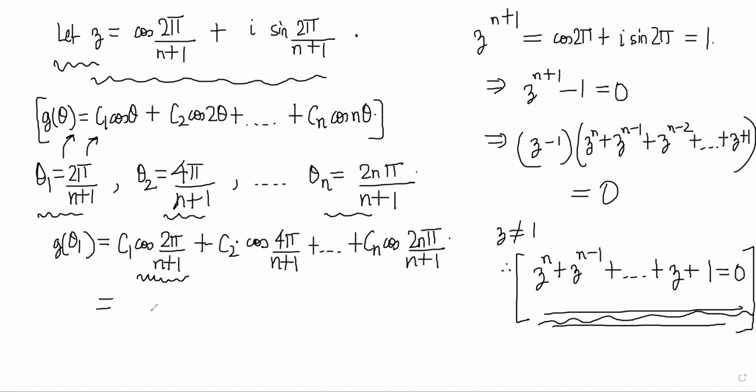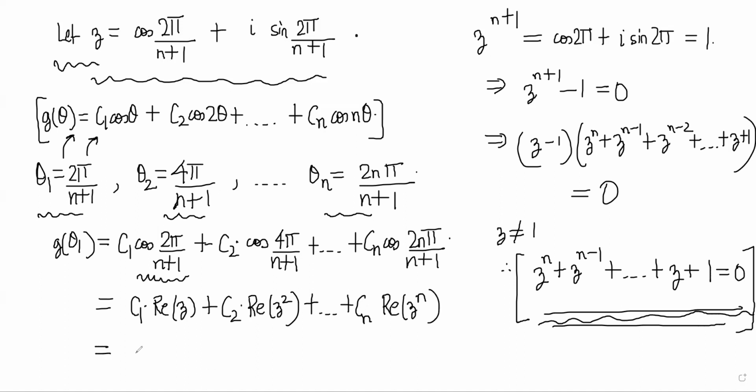Cos 2 pi by n plus 1 is C1 into real part of z, right? This is C2 into real part of z square. Think about it. If you do z square, you will get cos 4 pi by n plus 1. So that is the real part of z square. And so on, you have Cn into cos of 2n pi by n plus 1, that is real part of z power n.